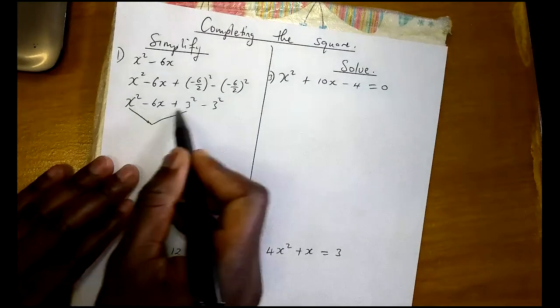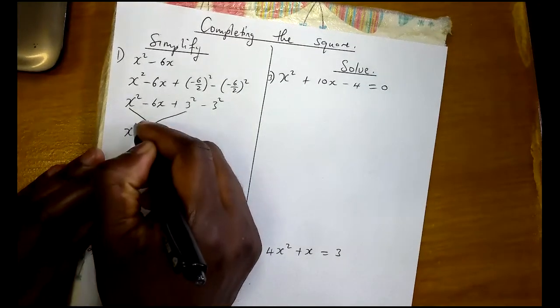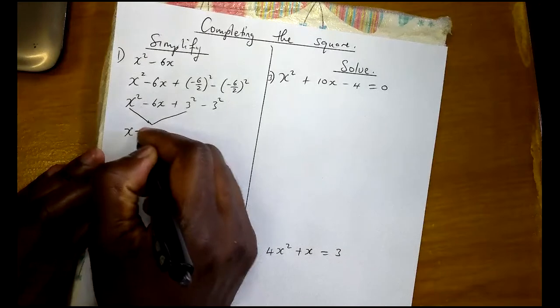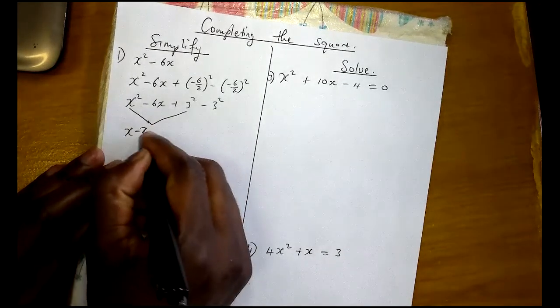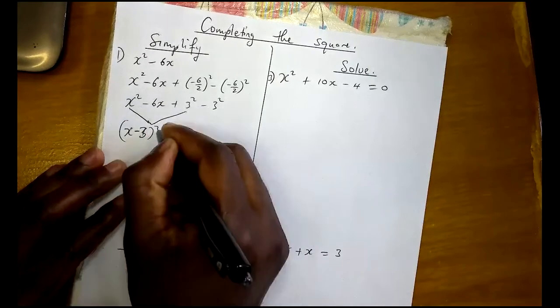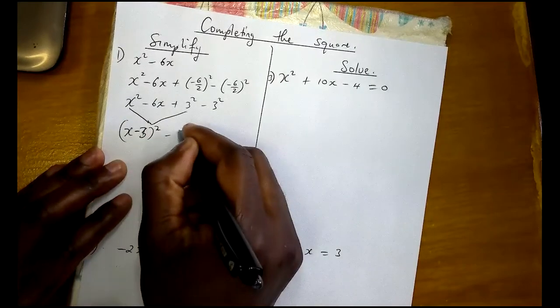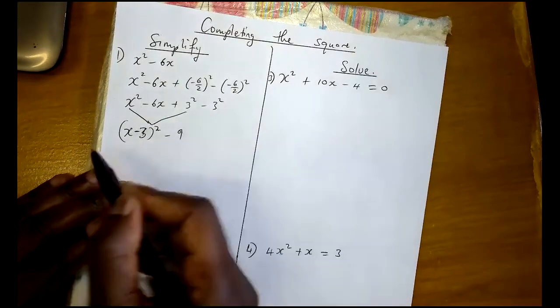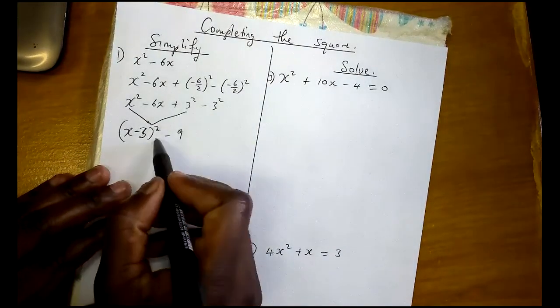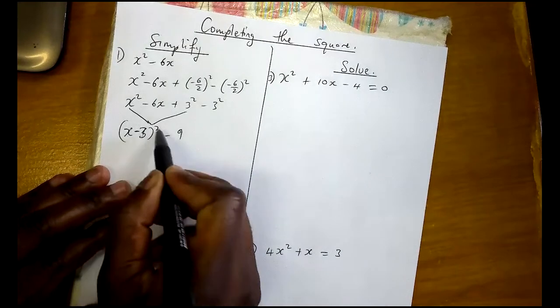Because this one becomes a complete square where you're going to say it's going to be x minus, remember you take the sign here. So it's going to be x minus 3 squared, okay, minus 9, which is 3 squared here. That becomes your answer here. So it's going to be x minus 3 squared minus 9.